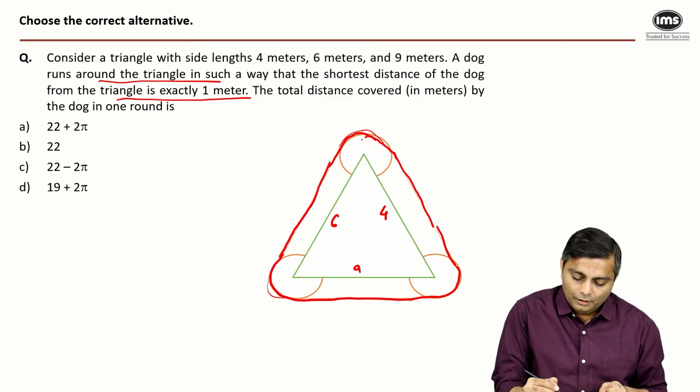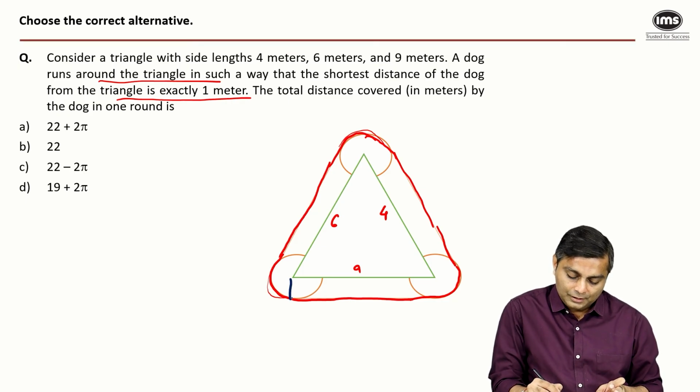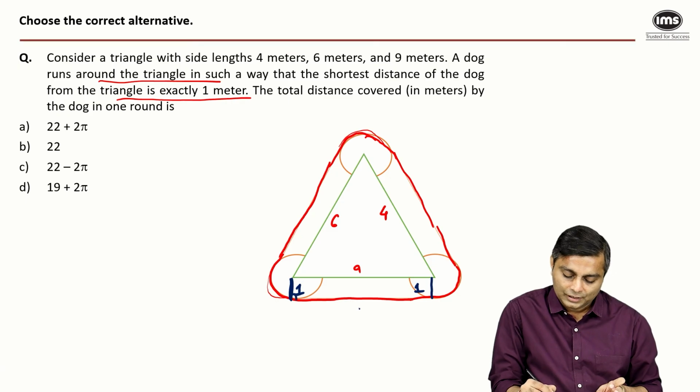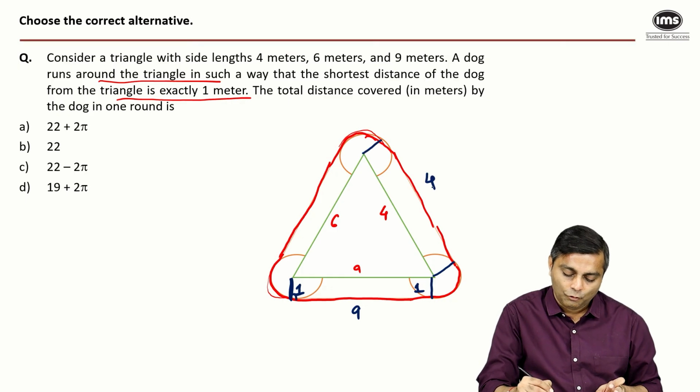If you think about it properly, let me use a different color now. This bit and this bit, the distance is 1. It's a rectangle because it is tangent. So this is going to be 9. Similarly, this bit and this bit, this distance is 4.